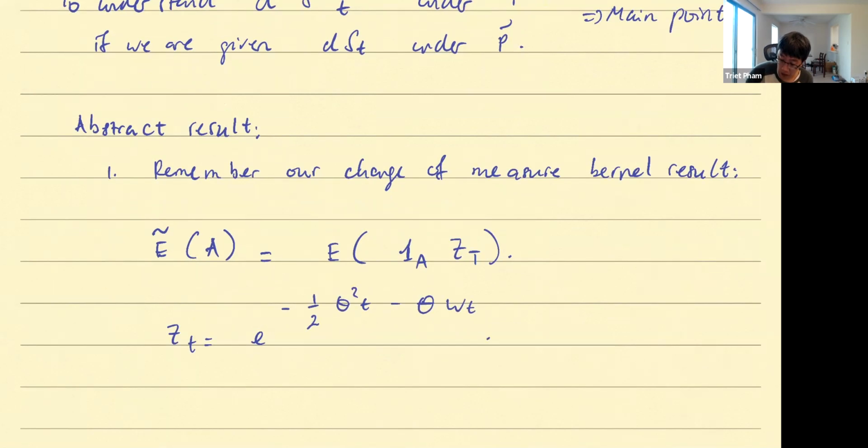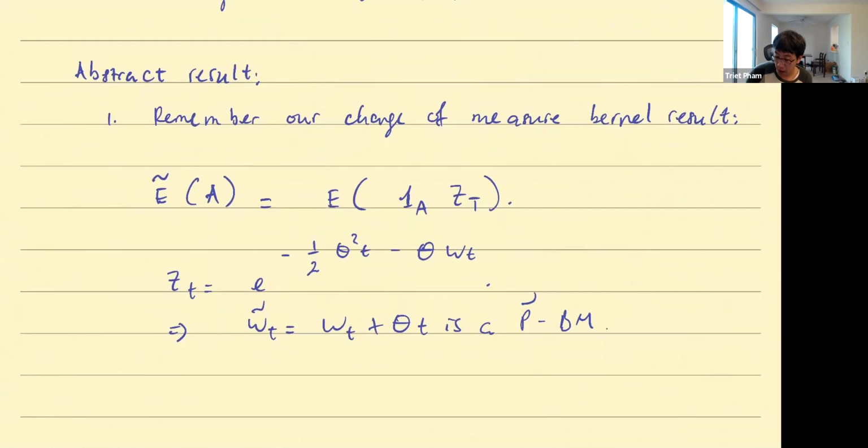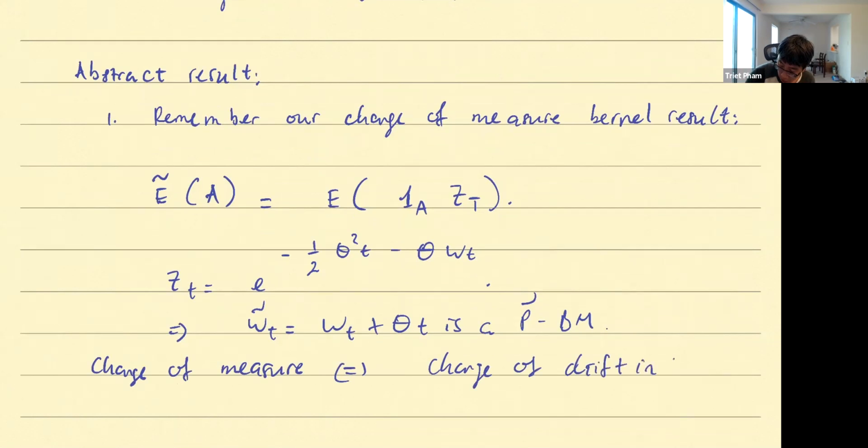If we have this, then W tilde t equals W_t plus theta times t is a P tilde Brownian motion. So the message is basically change of measure is roughly equivalent to change of drift in the Brownian motion.